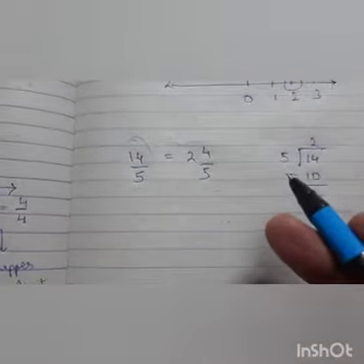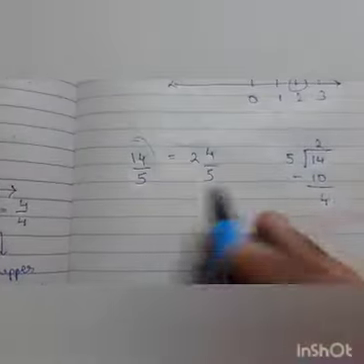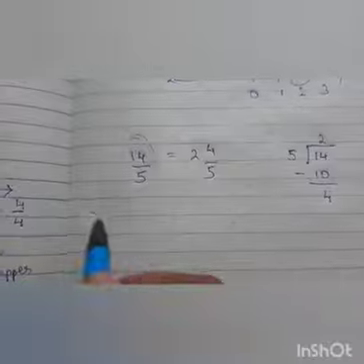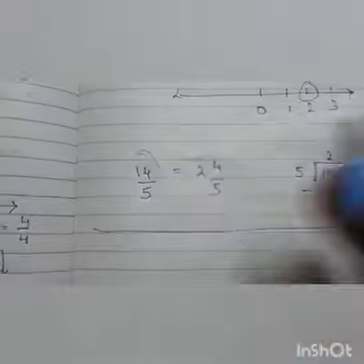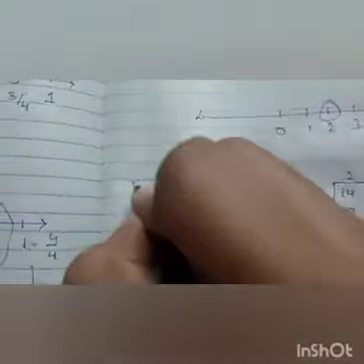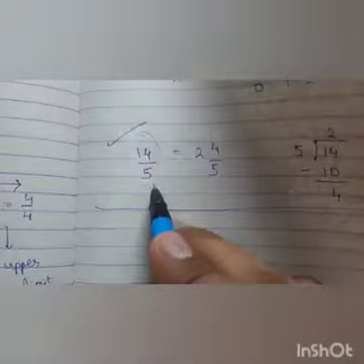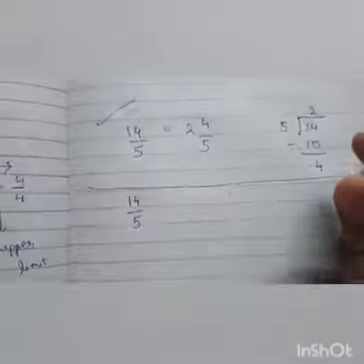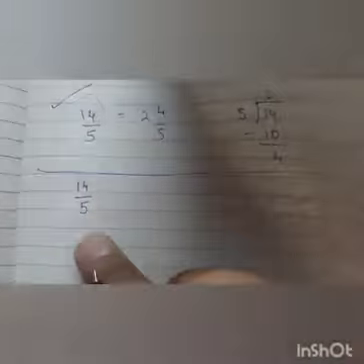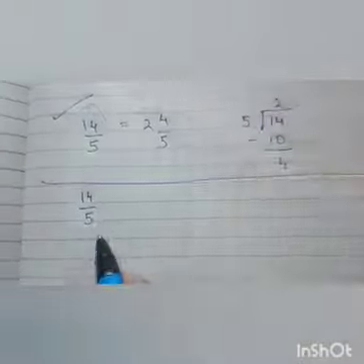Okay, this we have done in earlier classes and even in the previous chapter. I hope you must be familiar with it. Now see, suppose this is the question given: represent 14 upon 5 on a number line. First see whether it is a proper or improper fraction.